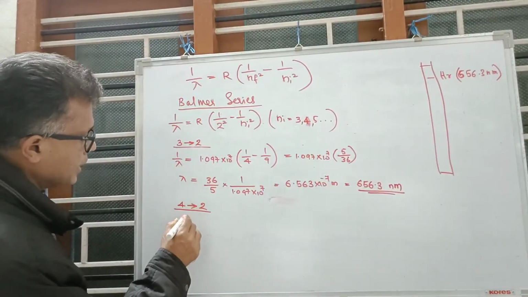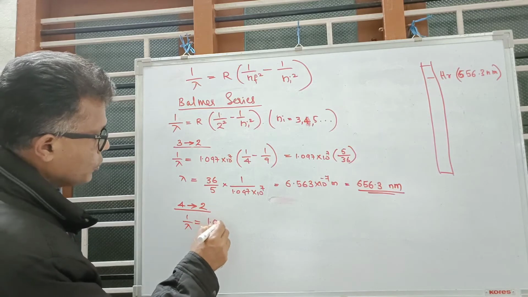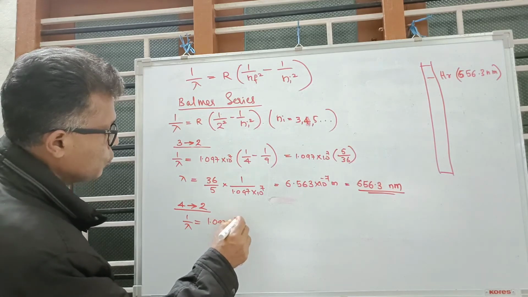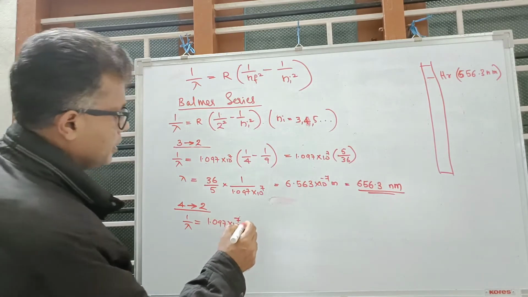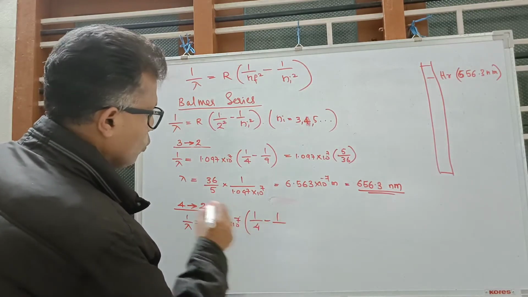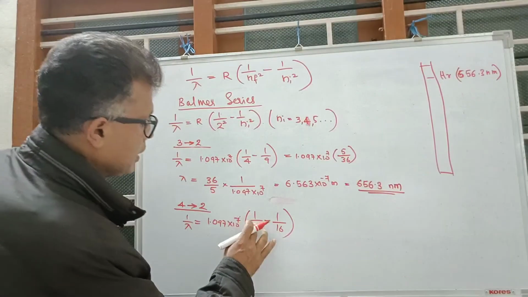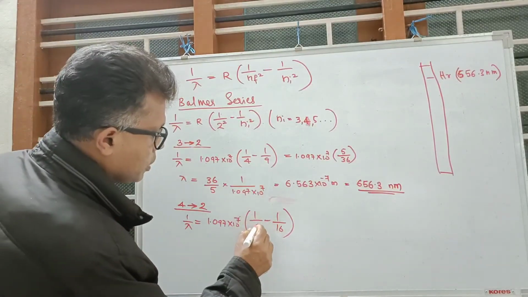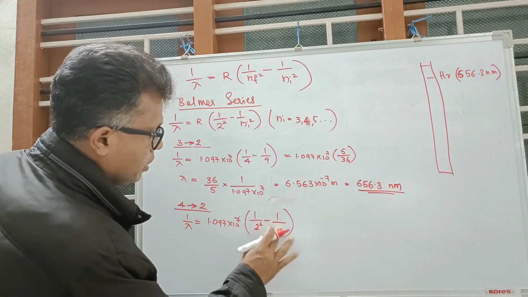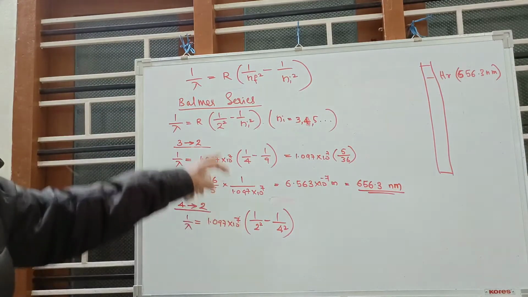Now, third to second, 4 to second, again in the Balmer series. So, I am just calculating again. 1 by lambda is equal to 1.097 into 10 raised to 7 into 1 by 2 square minus 1 by 4 square. Clear, no?